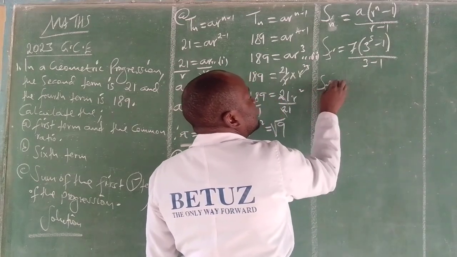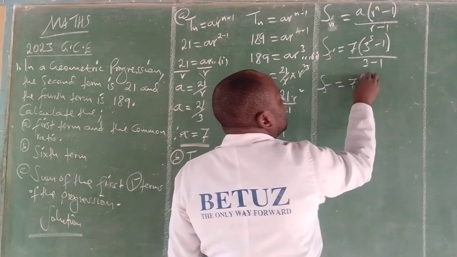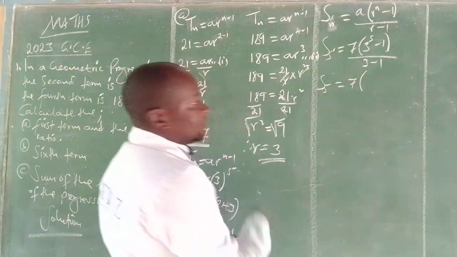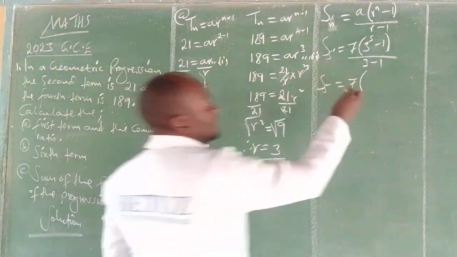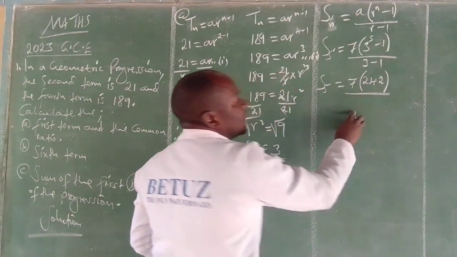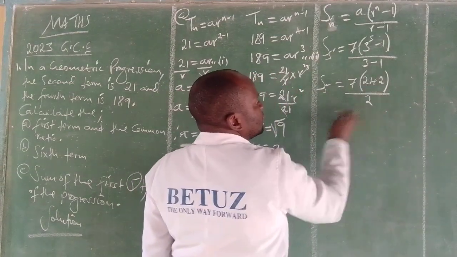So the sum of the 5 terms is equal to 7, open the bracket, 3 to the power n. We are finding the sum of the first 5 terms, meaning n becomes 5. So this is 5 minus 1, we close the bracket, over the common ratio 3 minus 1. So the sum is equal to 7, open the bracket, 3 to the power 5 is 243, so 243 minus 1 is 242, close the bracket, divided by 3 minus 1, which is 2.